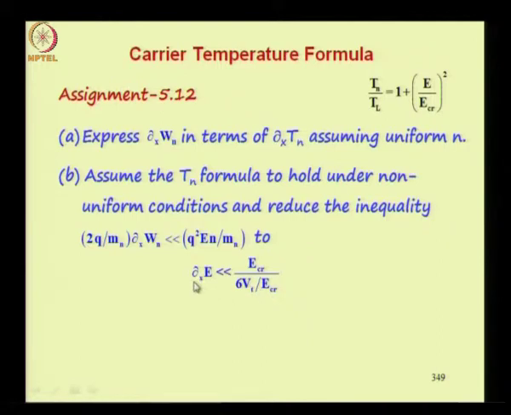So you will have to show that the left hand side can be replaced by this term. So dou Wn by dou x can be expressed in terms of dou E by dou x, and the right hand side can be expressed as a field term divided by a length term. Now this is the characteristic length for our situation here.